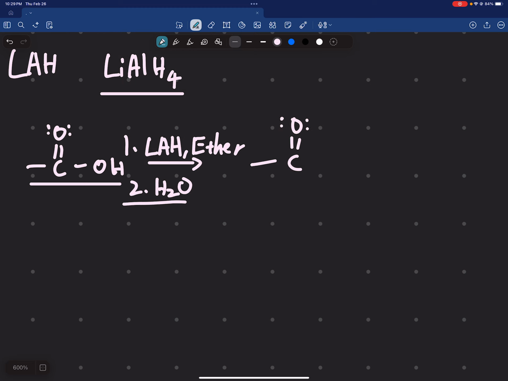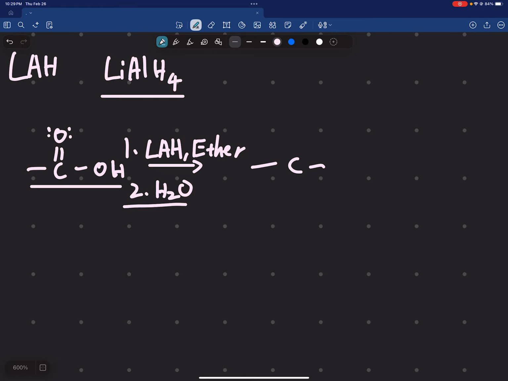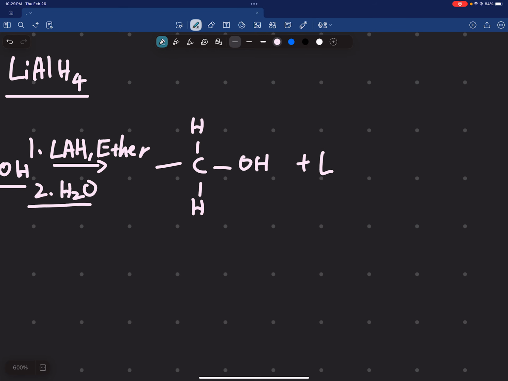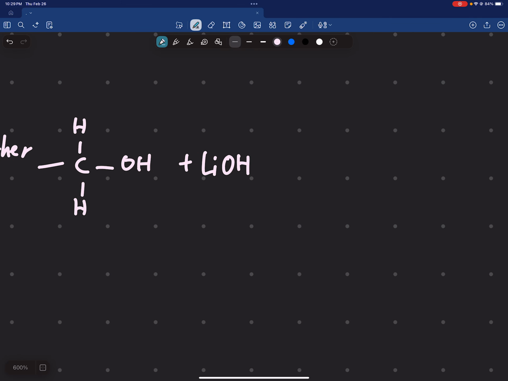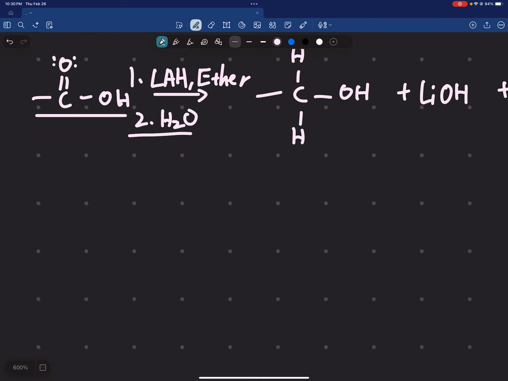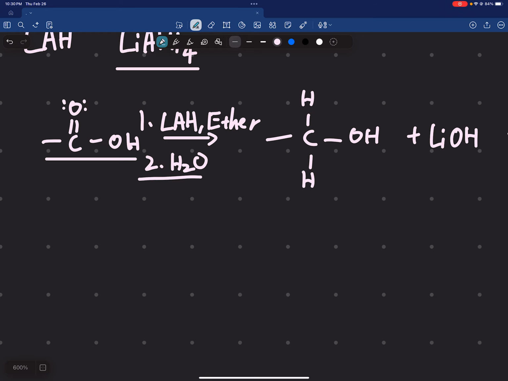That will turn it into a primary alcohol. And it's going to form lithium hydroxide and aluminum hydroxide. So that's one way you can reduce a carboxylic acid, with LAH.